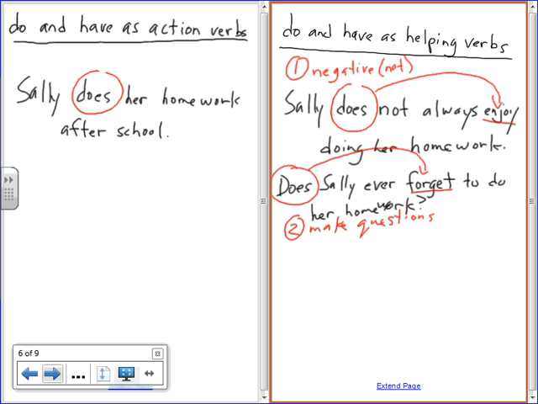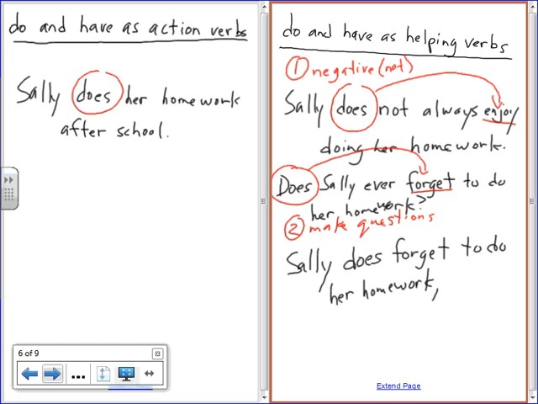And let's say that Ken says that Sally does forget to do her homework, comma, but not often. Once again, we have does, not the main verb, but rather it is accompanying the verb forget.